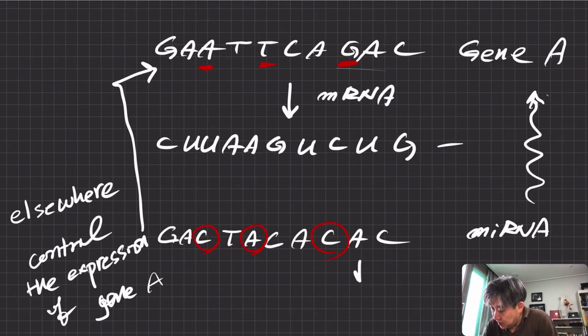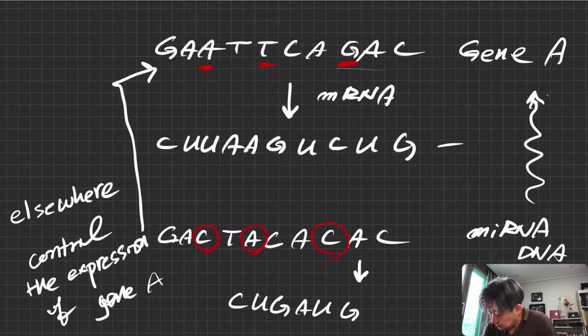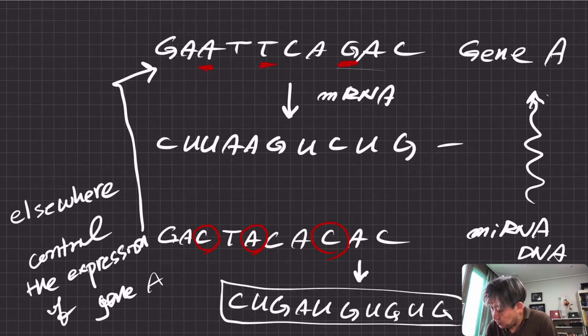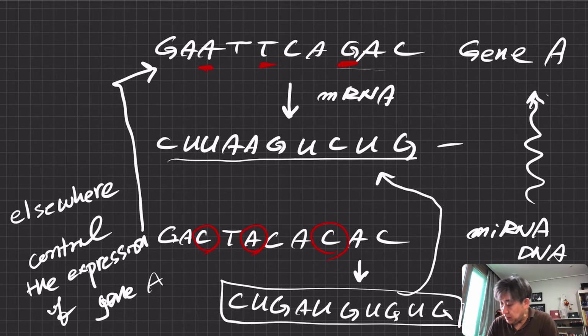After this microRNA DNA generates the RNA sequence which is complementary to this, so it should be C U G A U G U G, because this one will have complementary base pairing with this messenger RNA produced, although there are some mismatches.